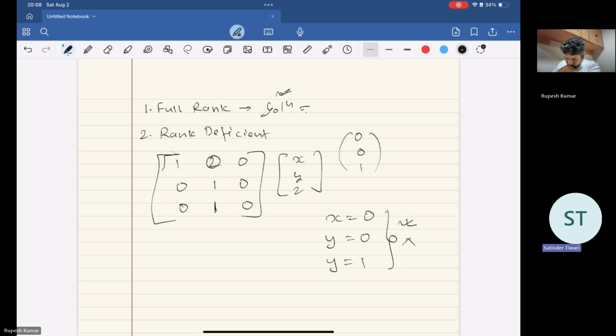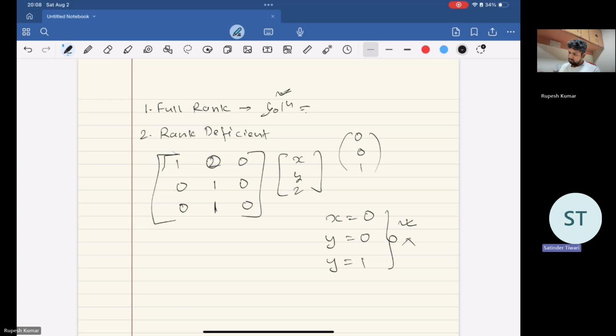If it is rank deficient and pivots are one, then I think it may have infinitely many solutions. If any one of the pivots is one, it may have infinitely many solutions.